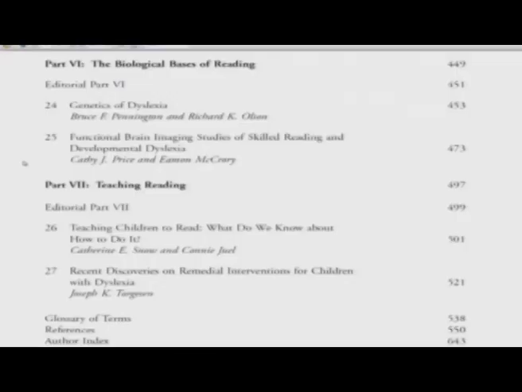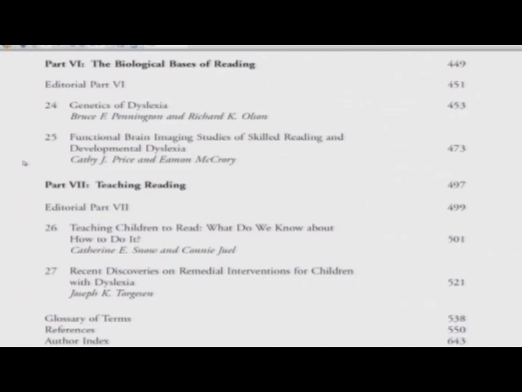So, now by looking at the contents page, you do not need to go into the contents in detail, just look at the contents page here and you find that part 7 mentions teaching reading, and then you go further and you will see that 2 articles are about teaching reading.